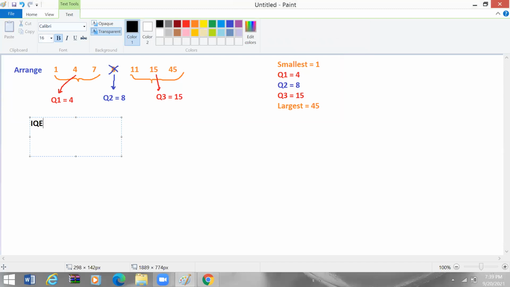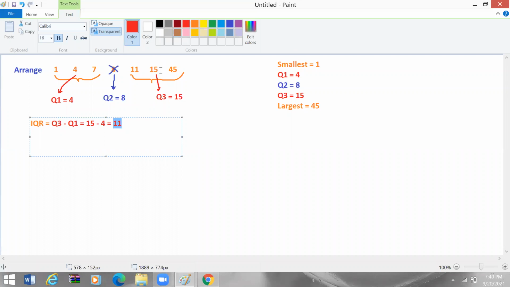Since I have Q1 and Q3, I simply take Q3 minus Q1. This represents the 50 percent in the middle of the chart. The Q3 that we have is 15, minus 4, so we get 11. Any questions? Minus 4, sorry. This length is very important.